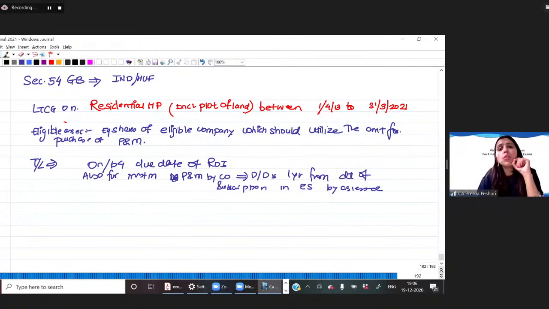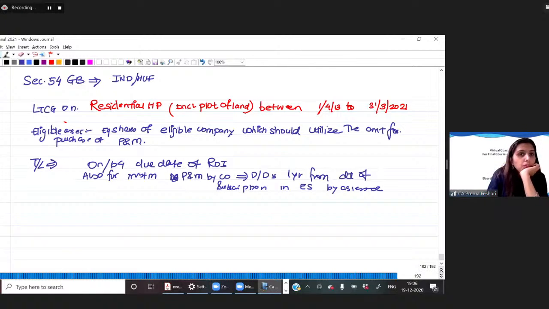So you need to invest in that company on or before the due date of filing ROI. The company needs to invest in plant and machinery within 1 year from the date of subscription in equity shares by the SSE. Clear? So there are timelines set for both.